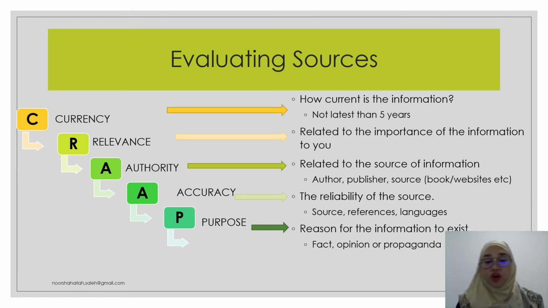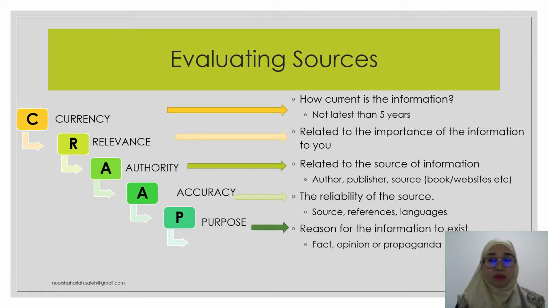Okay. Authority, related to the source of information. So this is about the author. You need to make sure that the author is known. That is why, when it comes to Wikipedia, for example, we do not encourage you to search for information or sources from Wikipedia or an anonymous website owner, unless they are a professor or an educator.